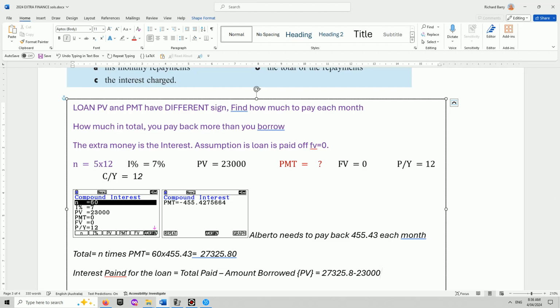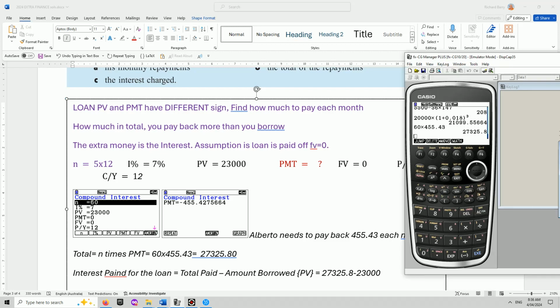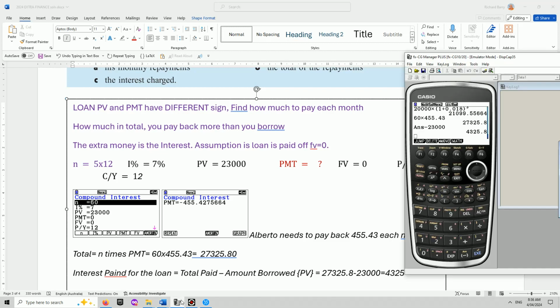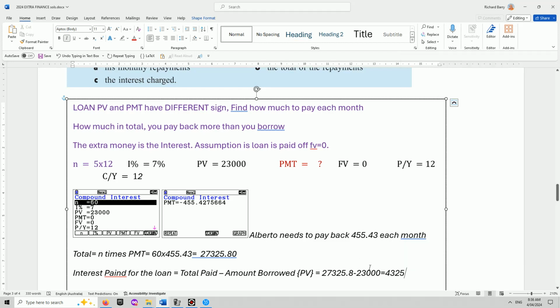So $4,325.80 in interest. Let's put a dollar symbol. Okay, that question is done.